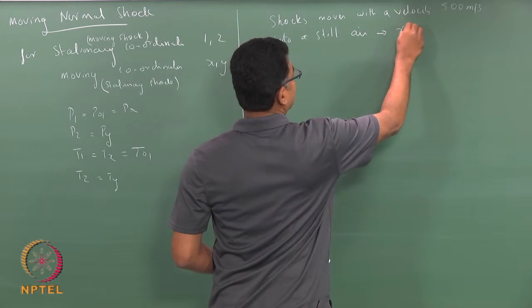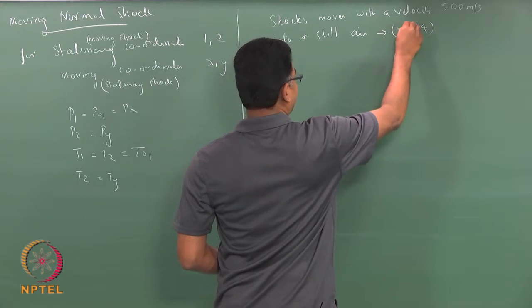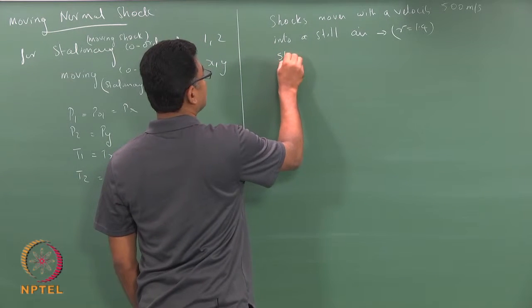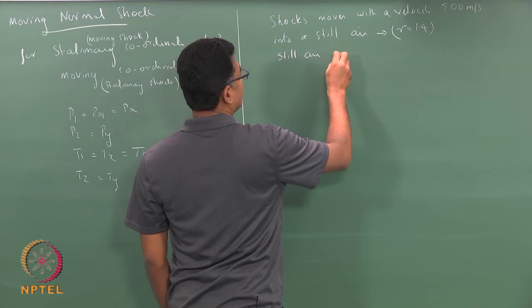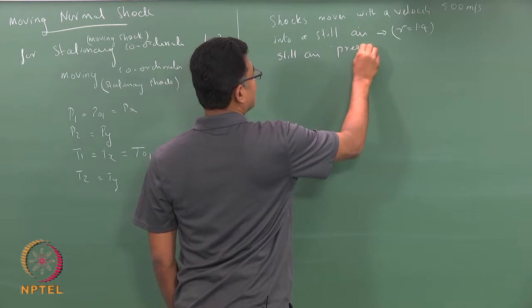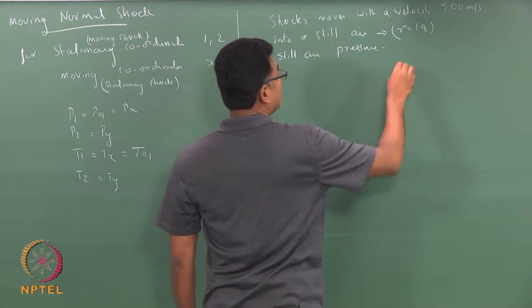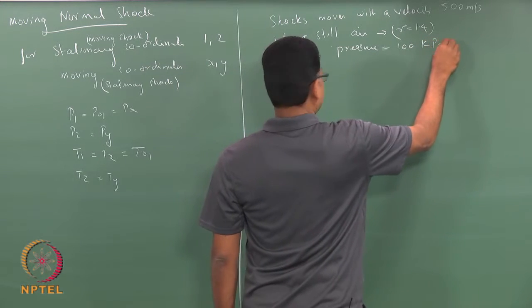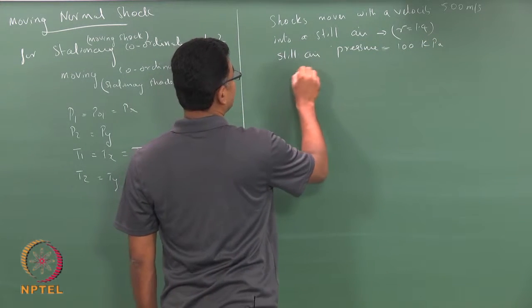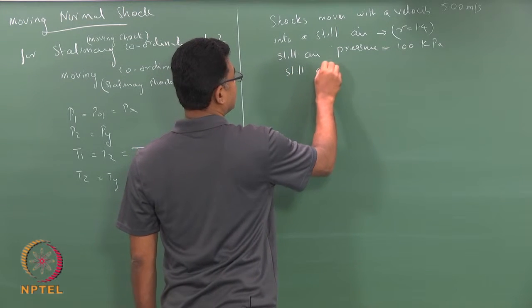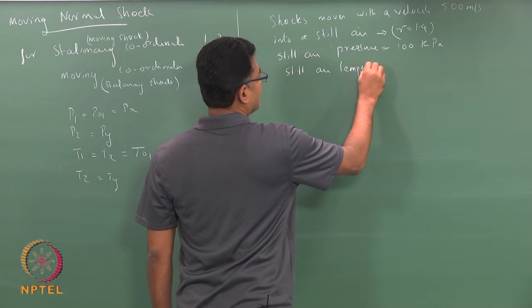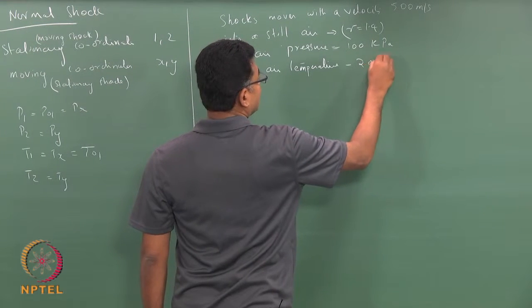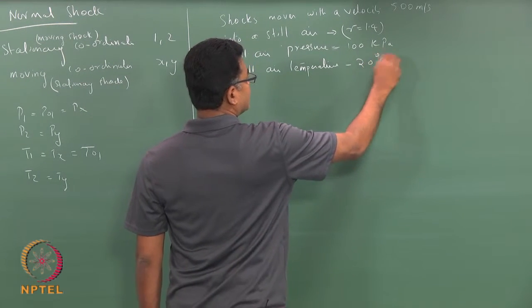Fluid is gamma 1.4. So the still air has pressure, let us take it as 100 kilopascal, and still air temperature is around 20 degrees Celsius.